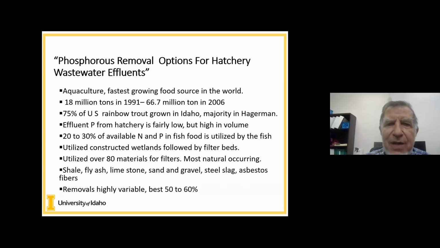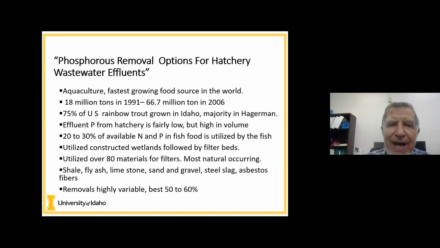20 to 30% of available nitrogen and phosphorus in the fish food is utilized by the fish. The remaining part is either lost in the feeding process and or through the excrement process. The options here in this particular study used a constructed wetlands followed by filter beds to treat the effluent coming from the hatchery.